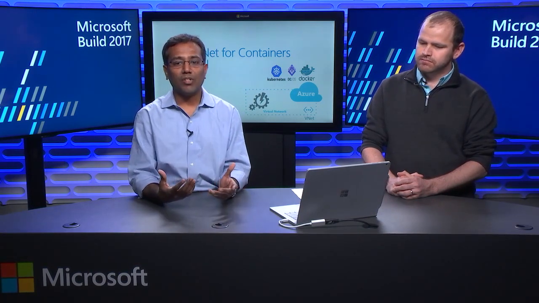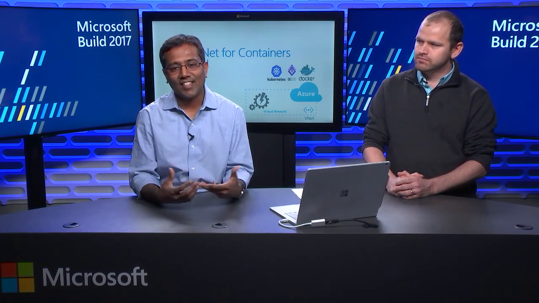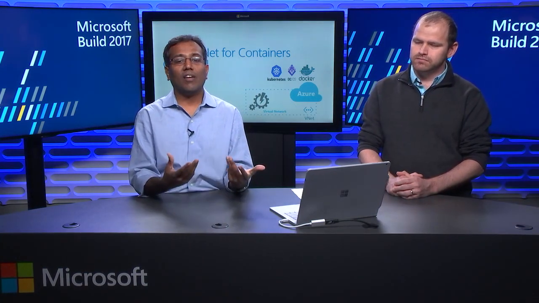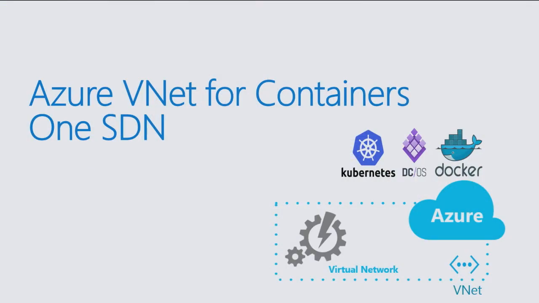With this mechanism, what was available to you in your virtual machines is now available to you for your containers too. It's a single SDN stack for whatever your needs are. So what does it actually mean? Azure VNet for containers integrates very well with your existing open source orchestrators like Kubernetes, Docker, or DCOS from Mesosphere, and it lends networking as a plugin to these orchestrators. We'll see more.